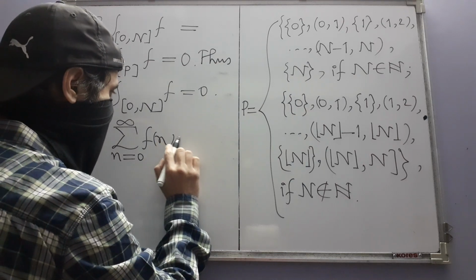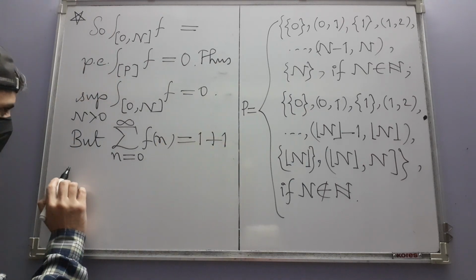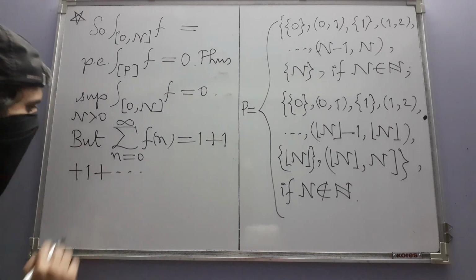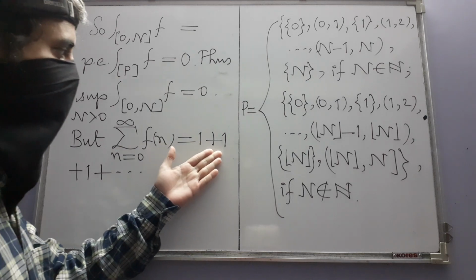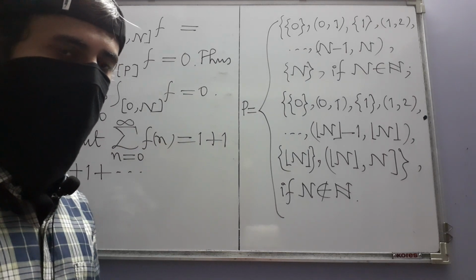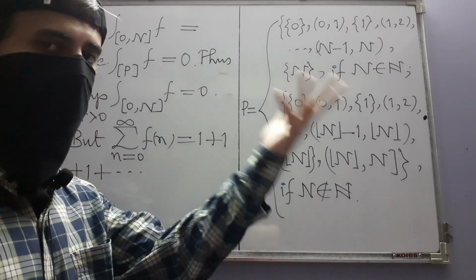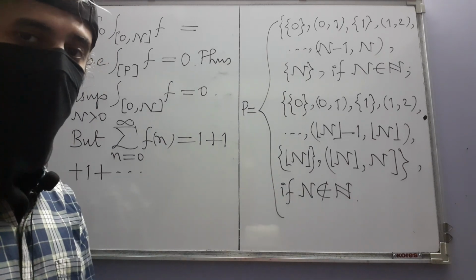So this is just this series, all of whose terms equal 1. And we already know that this is divergent, because if you look at the sequence of partial sums of this series, then you just get the sequence of positive integers, which is not even bounded. How can it be convergent?